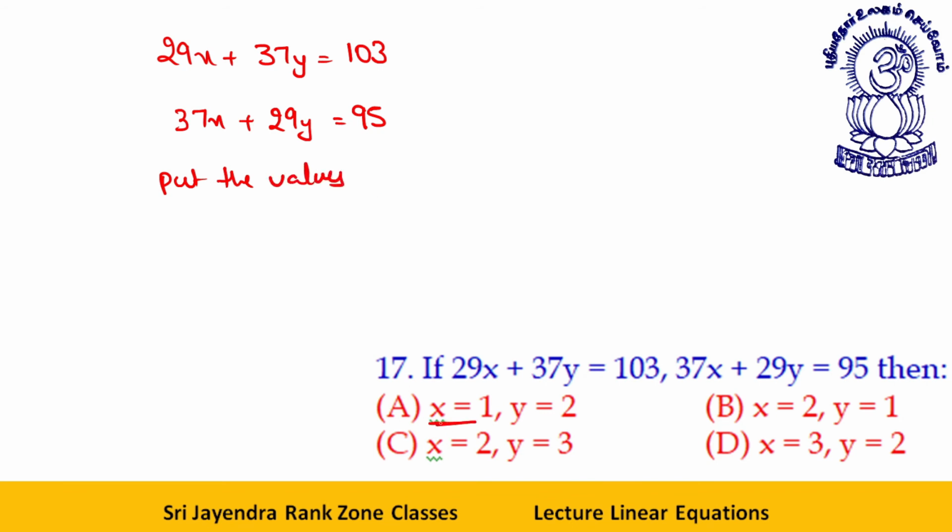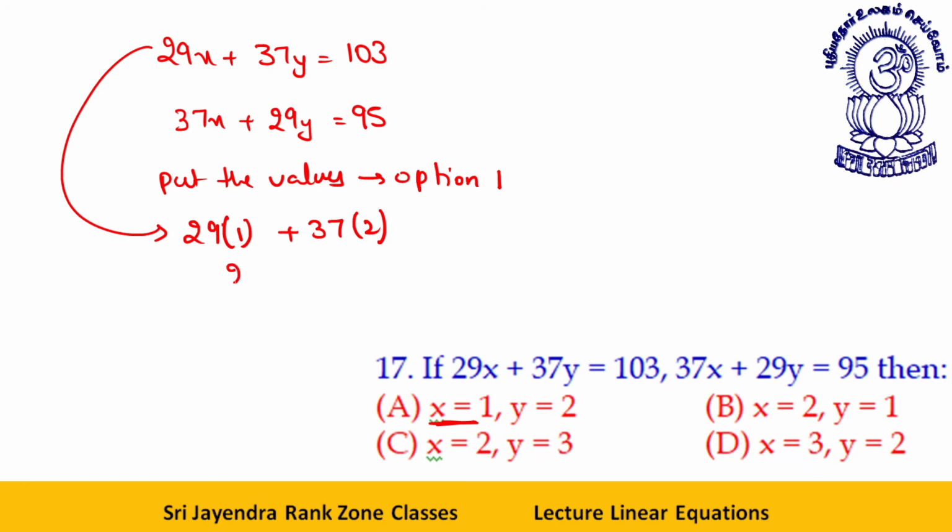If I put option 1, this equation becomes 29 into 1 plus 37 into 2. This is 29, 37 into 2 is 74. Does this work out? Yes, this is equal to 103. So it is very easily satisfied. Option 1 is the answer.